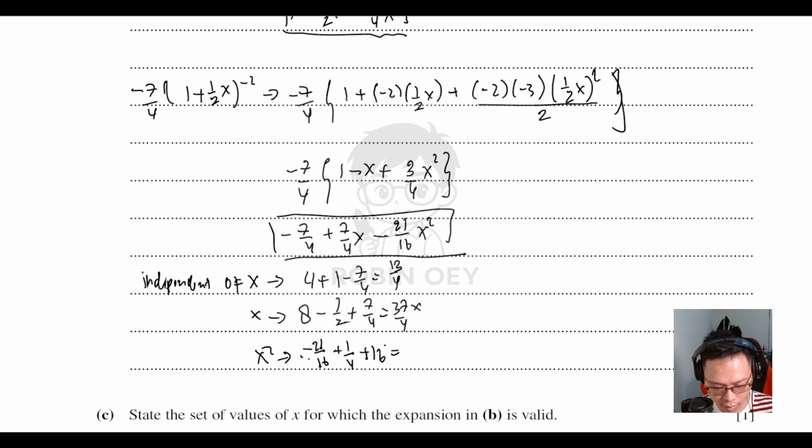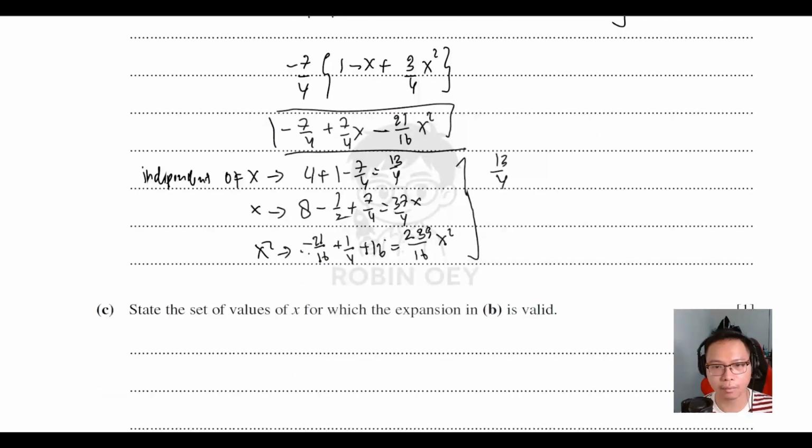So you get 239 over 16 x squared. So the expansion would be 13 over 4 plus 37 over 4 x plus 239 over 16 x squared. Okay, that is for B.